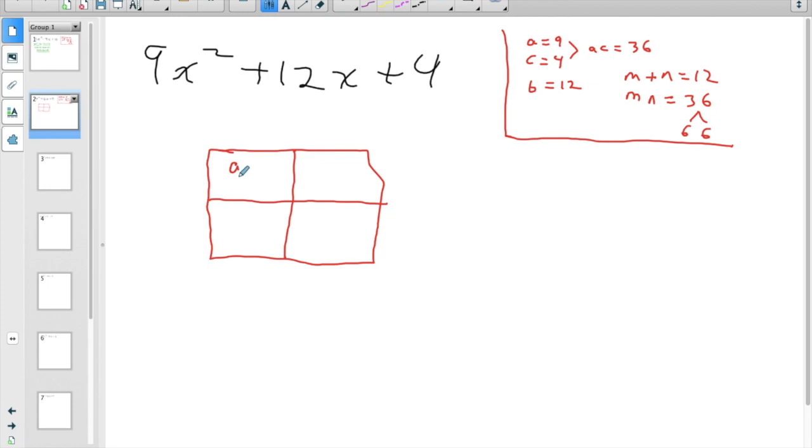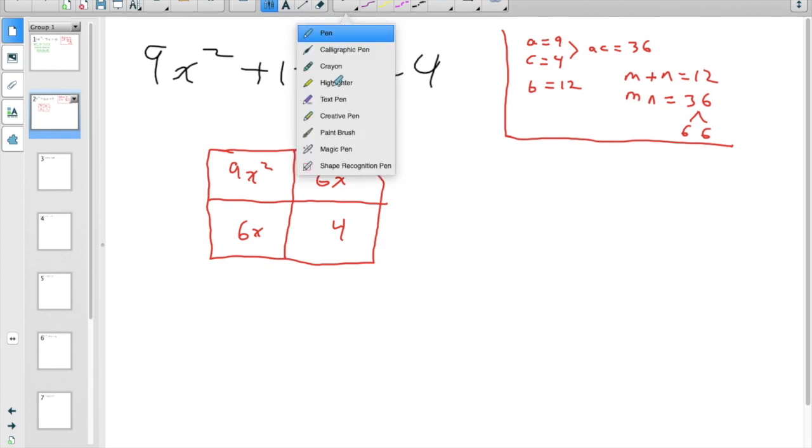In the top left, we put 9x squared. In the bottom right, we're going to put 4. And then our other 2 spots are going to be filled with the numbers we found and x. So 6x, 6x. Now we're going to focus on individual rows.